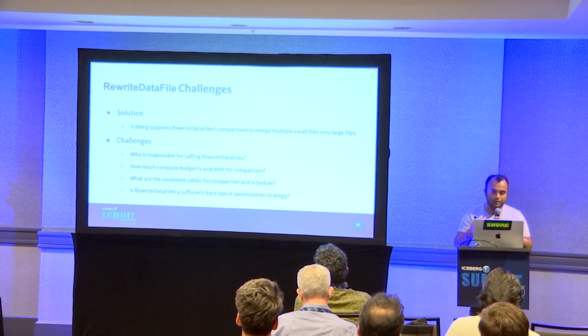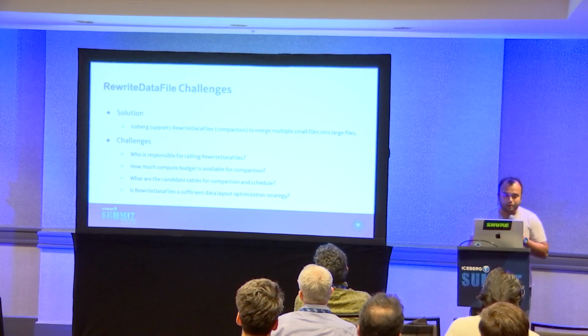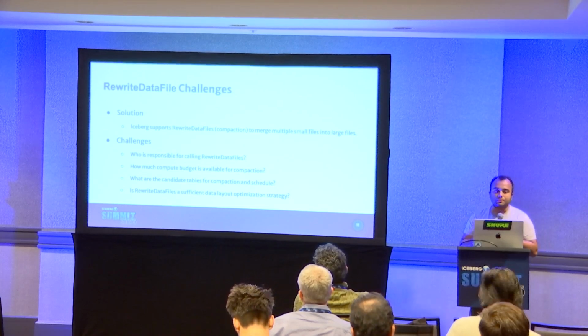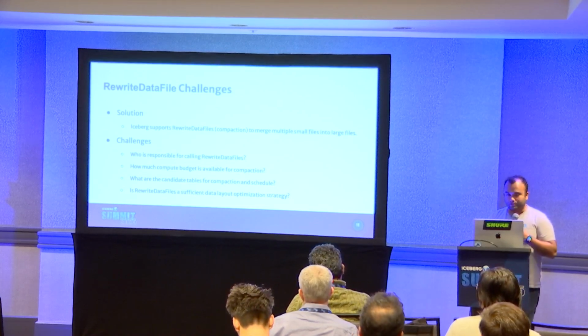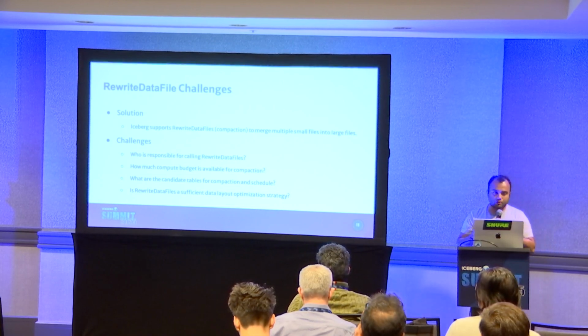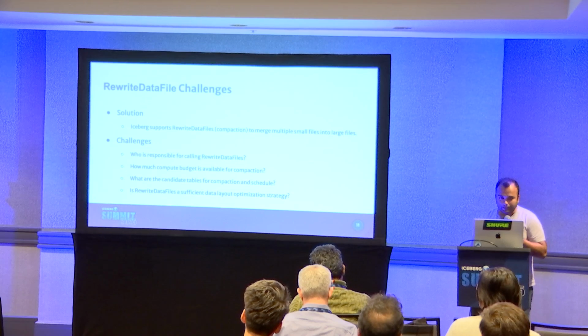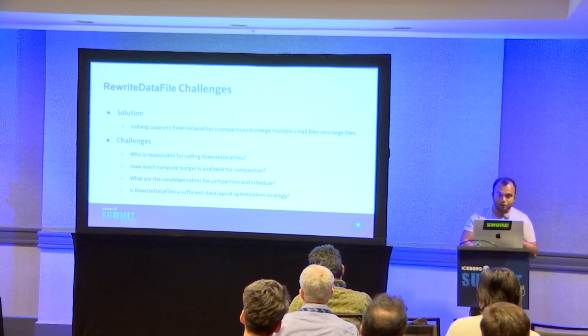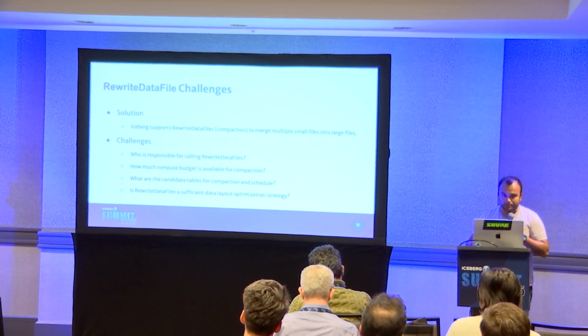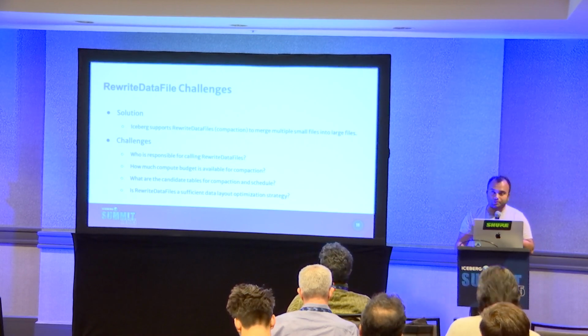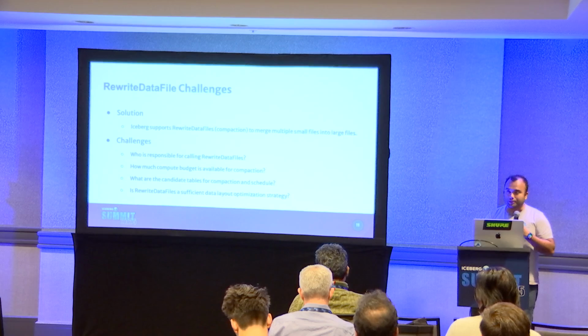But what Iceberg doesn't do today, and what we are trying to bridge that gap, is addressing some of these questions. So who's responsible for calling the rewrite data files API? Is it the writer job, or is it some background process? How much compute budget do you have available to do the compaction?